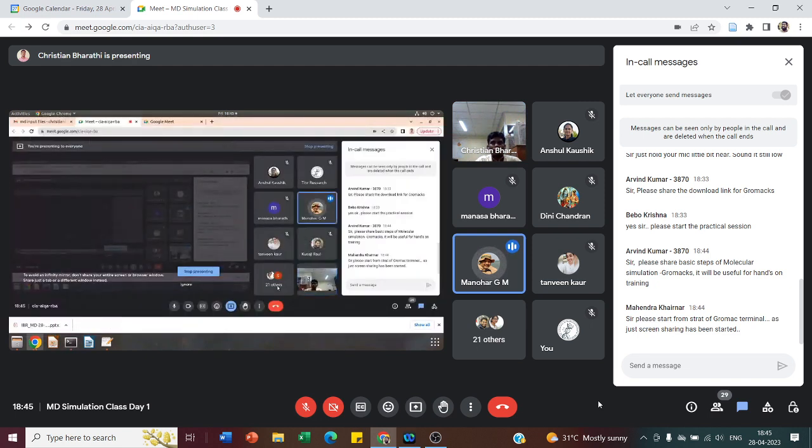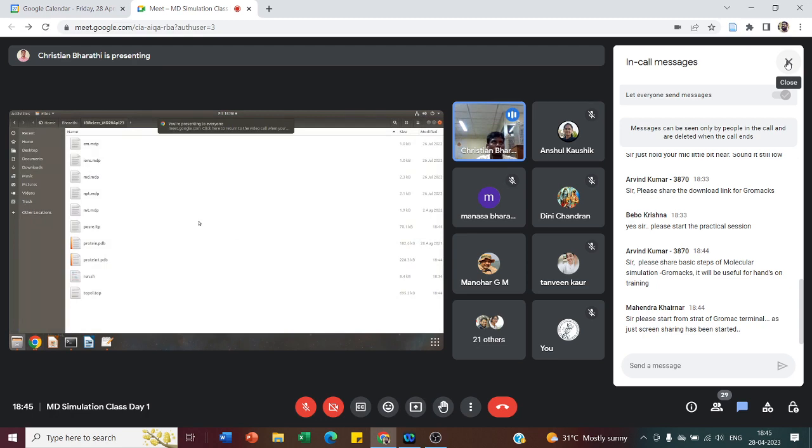You sent a number of files, we have downloaded them, and now we are using one of the files to simulate in GROMACS. Where should those files be? Should they be placed in the same folder in which we have installed GROMACS? No, sir. You can keep the files anywhere in your computer. Keep all these files in a single folder, and open the terminal from that folder.